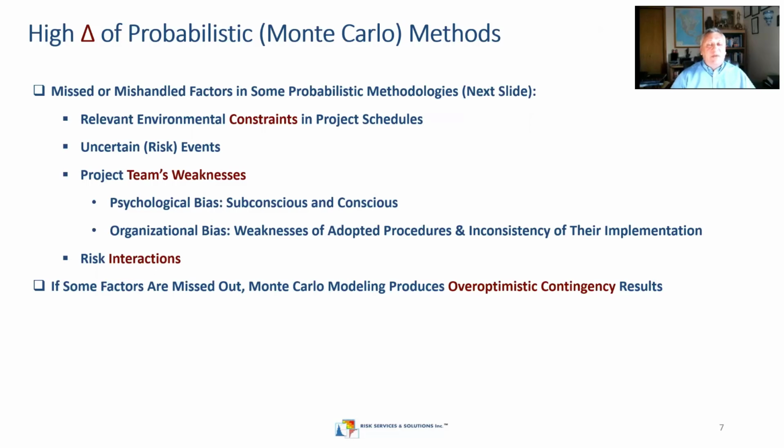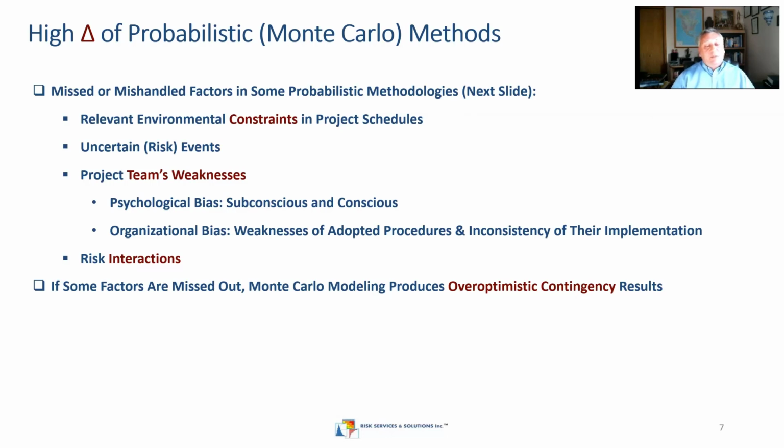And in Monte-Carlo methods, the reasons for high deltas are some missed or mishandled factors that are used as inputs to Monte-Carlo modeling. Once again, constraints we discussed previously, if they are not taken into account, modeling won't be adequate. Uncertain risk events, we need to take them into account properly and identify the right environmental risks. But those risks should be modified due to psychological bias or organizational bias.